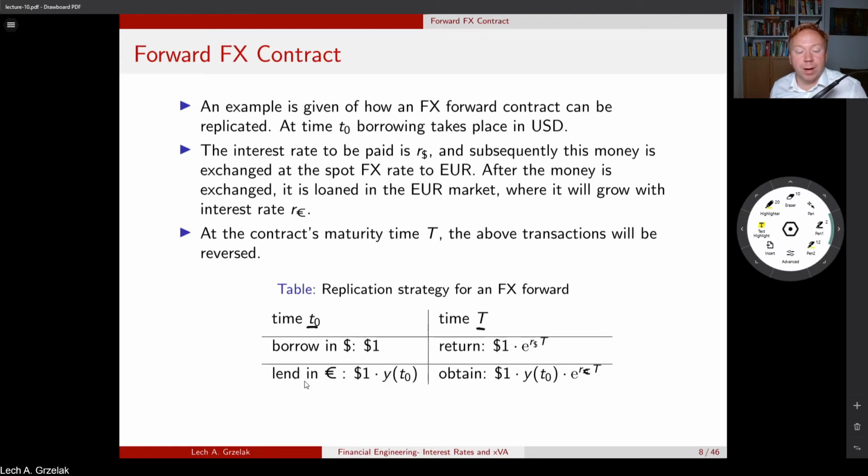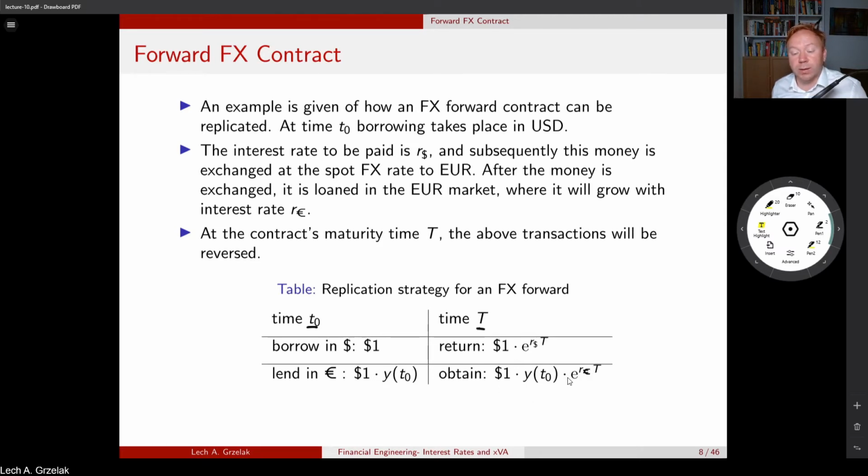On the other hand, we are lending in euros, so we have still this $1, and then we have the FX rate at time t0, so this will be transferred into euros. What we obtain is exactly what we started with, so $1 times the FX rate, and then this quantity will grow with the euro rate, because it is transferred to euros.